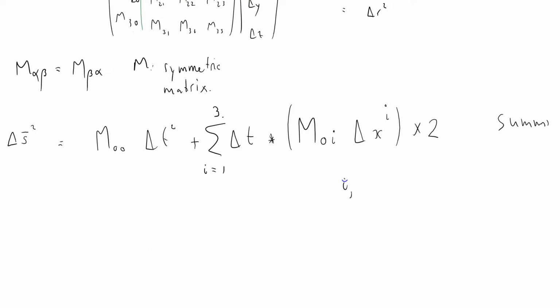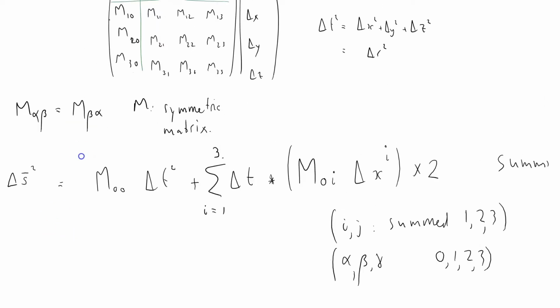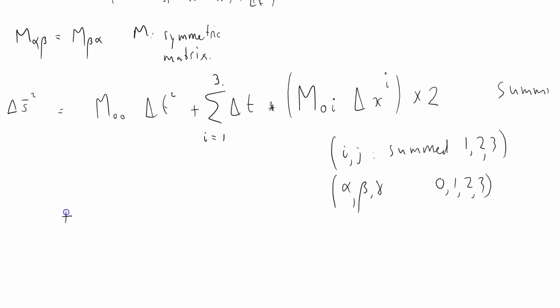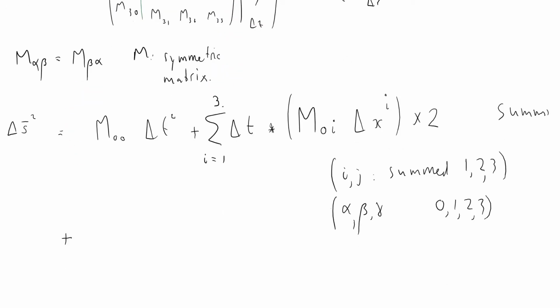But i and j are summed from 1, 2 and 3, whereas alpha and beta and gamma are summed 0, 1, 2 and 3. I think I've mentioned that before. Okay, so we've got that, plus these terms here, plus this block of 9 here. So that's going to be summed over i and j, mij delta xi delta xj.